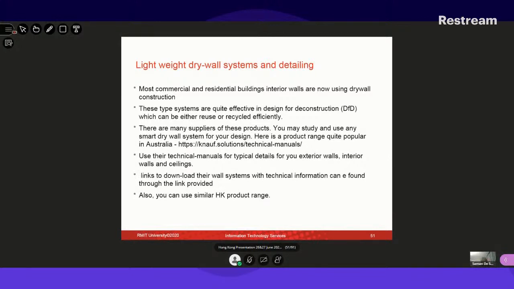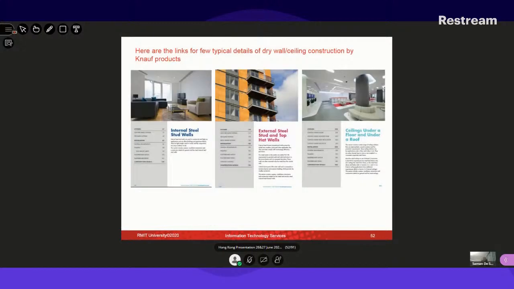Drywalls can be designed to deconstruct much quicker. It is like a paneled system of very, very lightweight material. Most of the interior walls in the modern era are done like that. So there are hundreds of products in this category, guys.